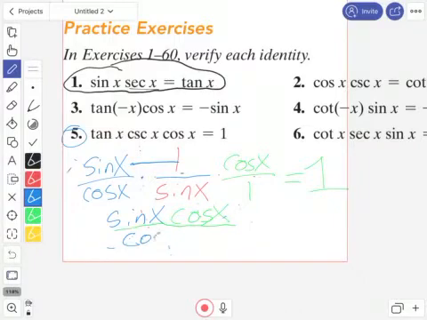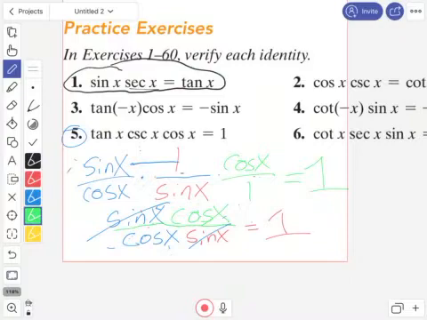Hopefully you're saying cosine of x with sine of x. Can we cancel anything? Sure can. This sine of x can cancel with this sine of x. This cosine of x can cancel with this cosine of x. So since everything cancels, we're just left with 1 equals 1. Then we're done.